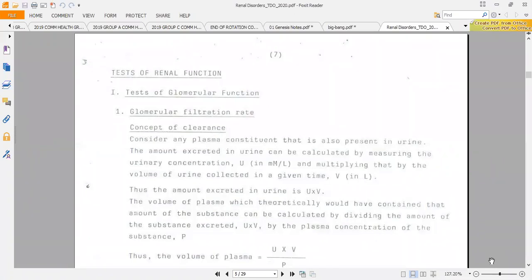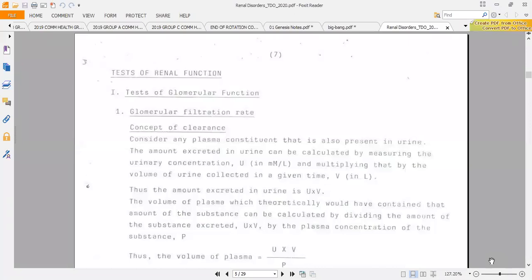When you say the glomerular filtration rate is 120 mL per minute, what we are saying is that in 1 minute, the glomerulus filters only 120 mL of blood.